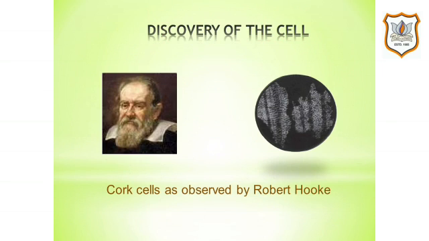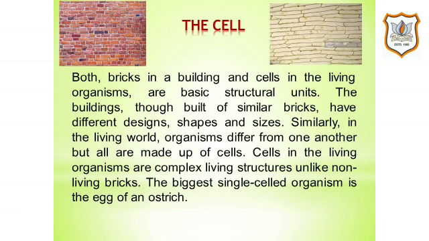Students, this is the picture of scientist Robert Hooke, and the second picture is of cork cells, which were observed by Robert Hooke in a microscope. Now students, what is a cell? Cells are the basic units of life.